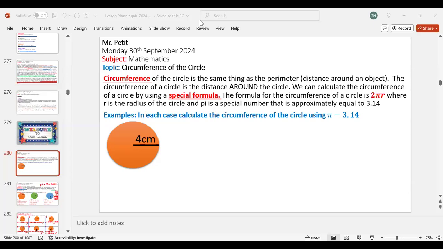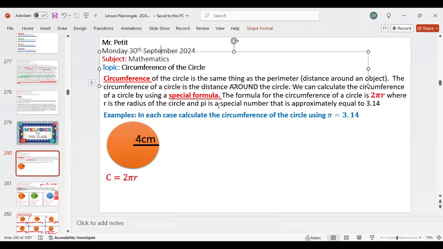I want to determine the circumference of this. You remember how to do the circumference? Dolly, where are you? I can't hear from Dolly. Okay, I can't hear from him.